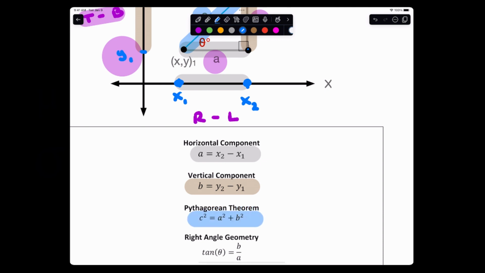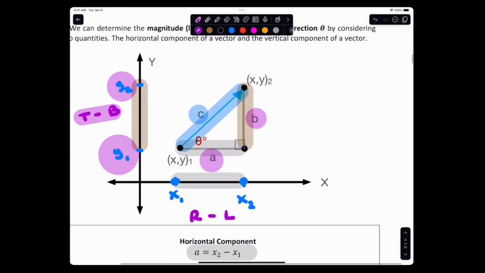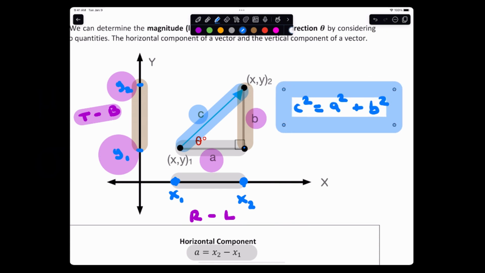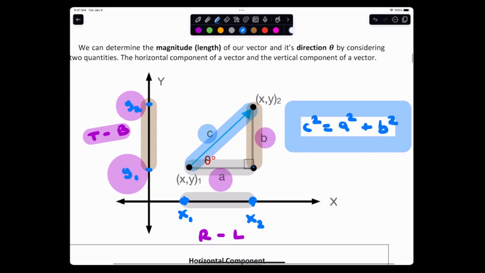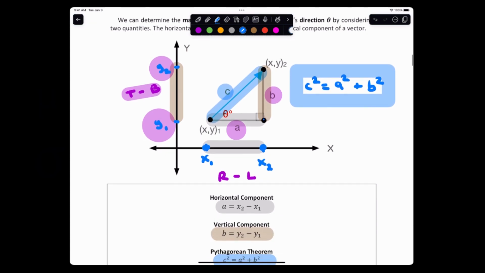Theorem. So that C squared will be A squared plus B squared. So we can use Pythagorean theorem to find the length of the vector. C squared equals what? A squared plus B squared. All right, you guys okay with that? Pythagorean theorem.